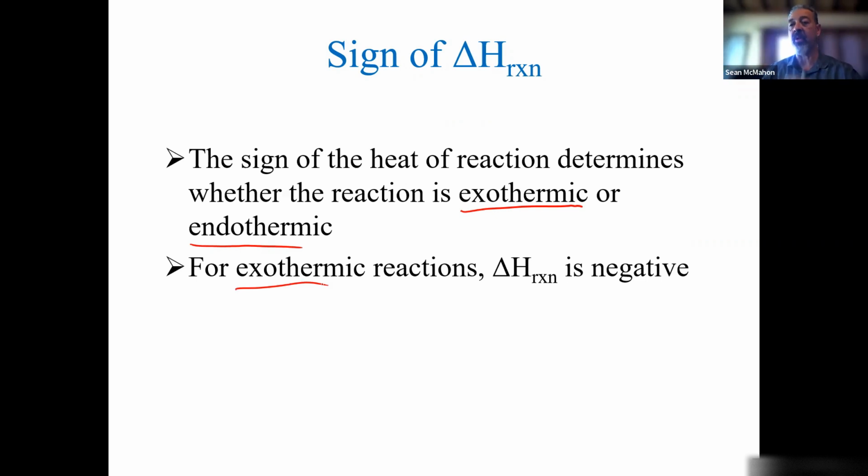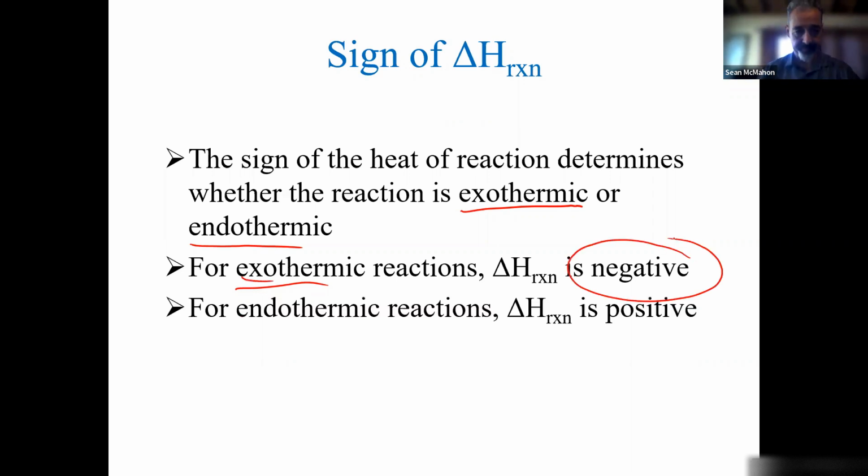Combustion's a perfect example. I burn wood. Why? Releasing heat and energy. It's losing heat, heat is leaving, it's exiting, it's negative. For an endothermic reaction, heat must be absorbed to drive up to a higher potential energy for the product. So heat is absorbed or it enters, that's an endothermic reaction, and the enthalpy of reaction or the heat of reaction is positive.